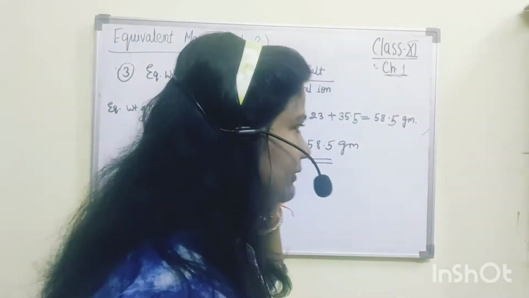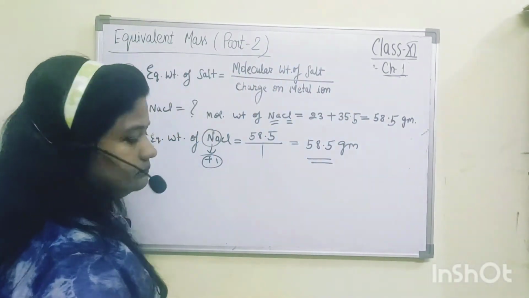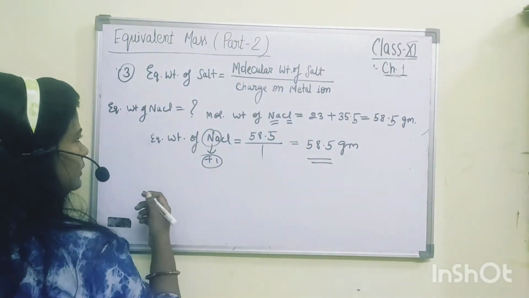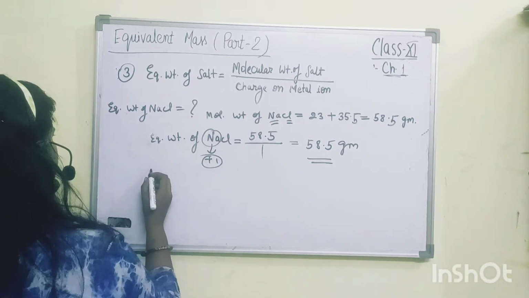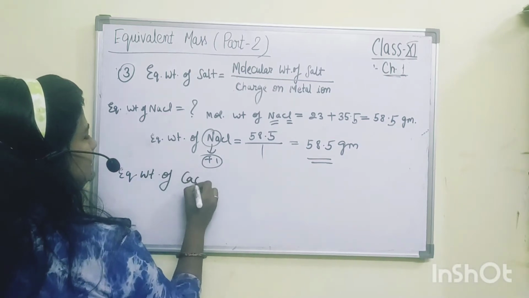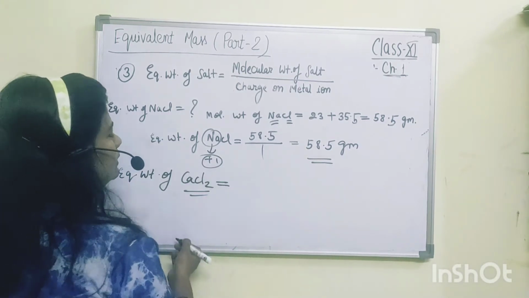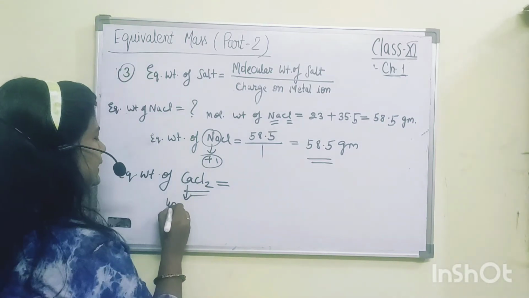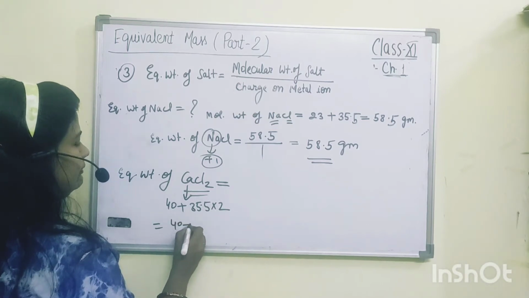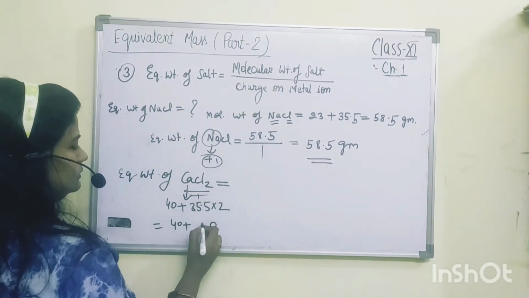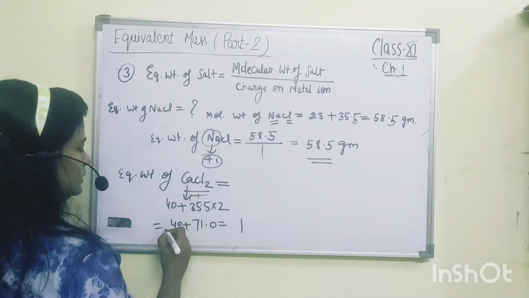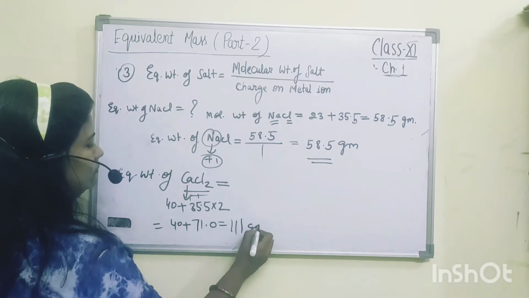Next, suppose you have to find the weight of calcium chloride, CaCl2. The molecular weight of CaCl2 is 40 plus 35.5 multiplied by 2. The answer will be 40 plus 71, which is 111 gram.